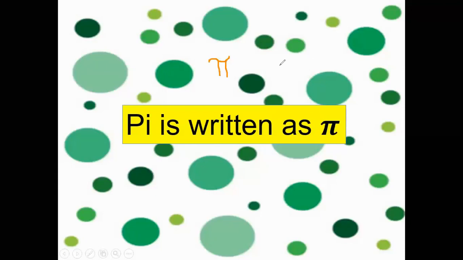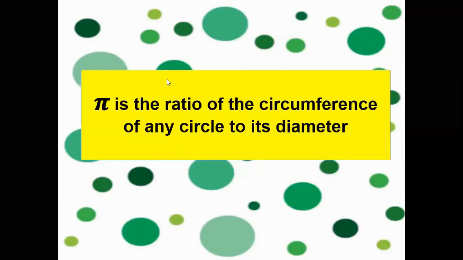Pi is the ratio of the circumference of any circle to its diameter. Yes, pi is the 16th letter of the Greek alphabet.